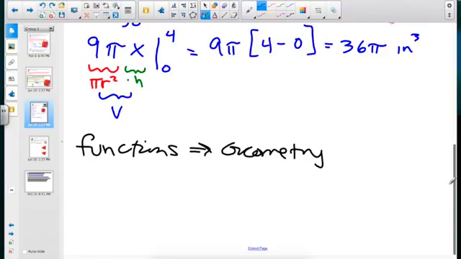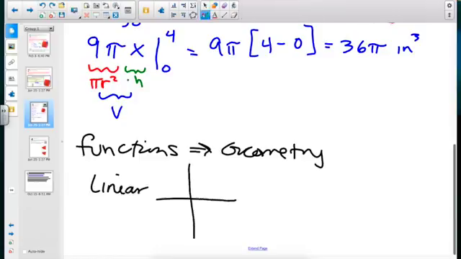If we have a linear function that passes through 0, like y equals x, or y equals 2x, or y equals a half x.